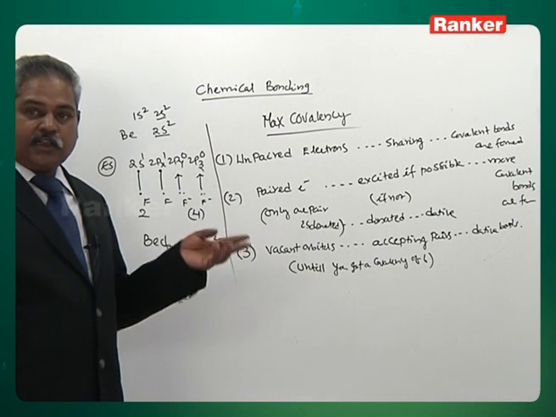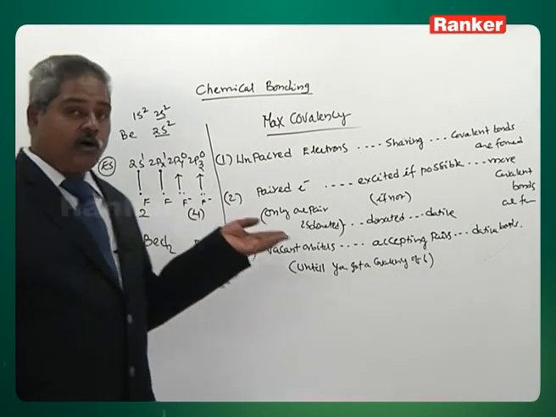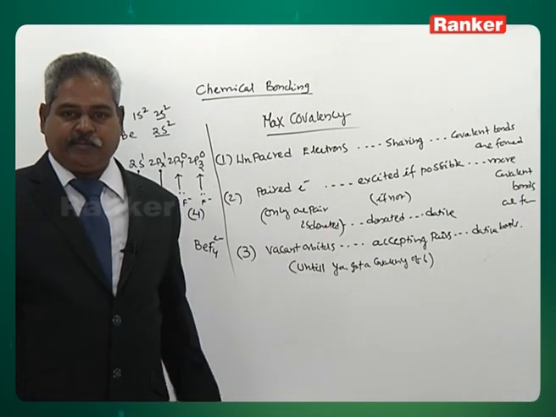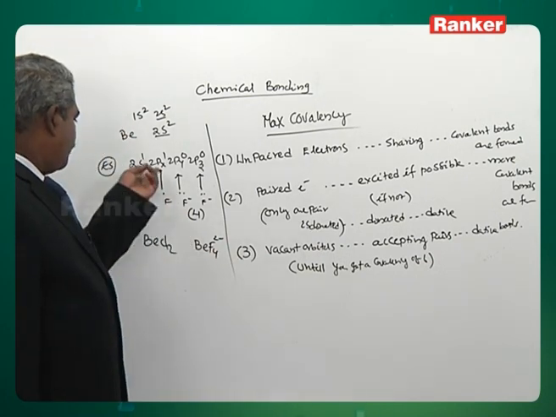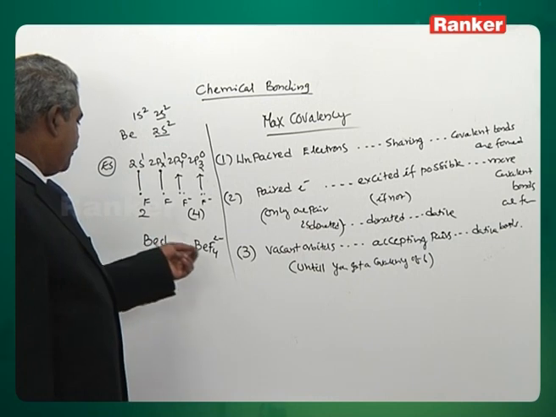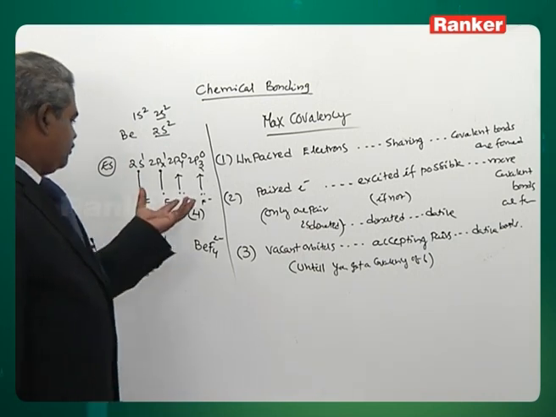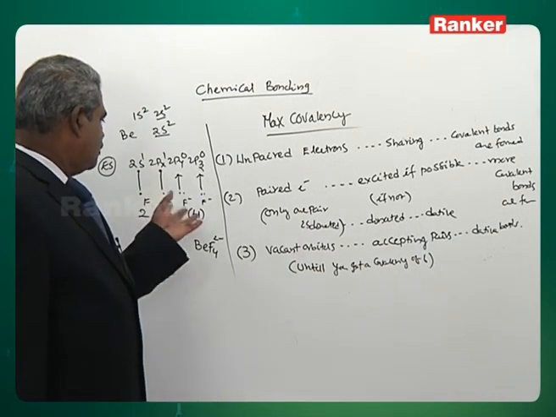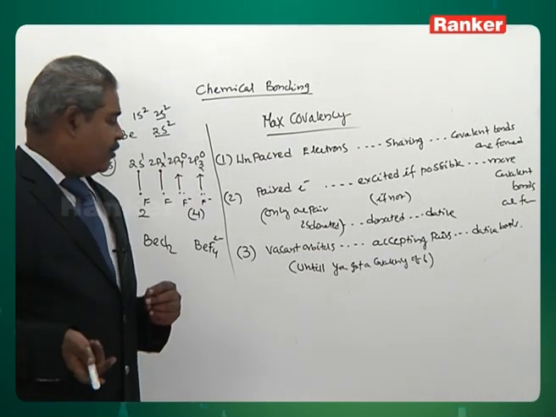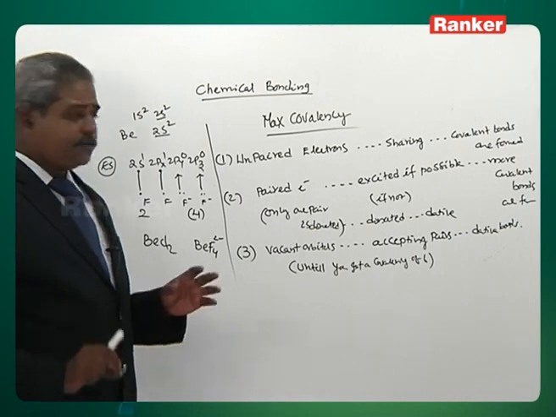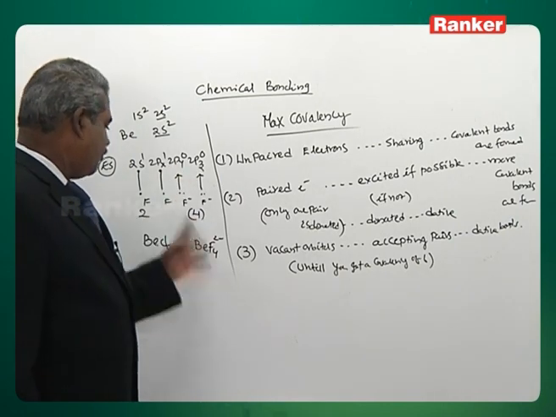That's how beryllium got an octet indirectly. So beryllium forms BeF4 2 minus. What is the maximum covalency of beryllium? Whether by sharing, accepting or donating, the maximum covalency happens to be 4.